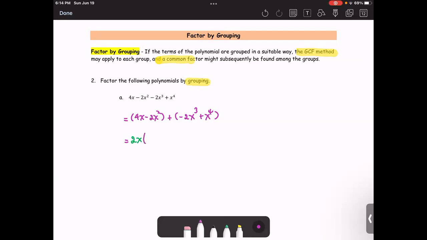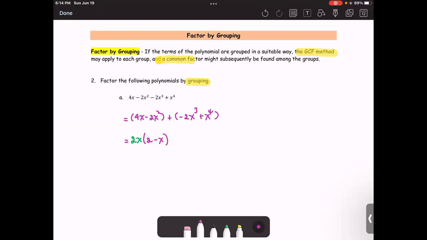The remaining factor would be 2, because with the 4, we take the 2 out, so we have 2 left, and the variable x is already out as a GCF. In the second term, the 2 is out, and of the x squared, one factor is out, so 1x remains inside. You can check your work by distributing the 2x back into the parentheses. You should get back the same two terms, 4x minus 2x squared.